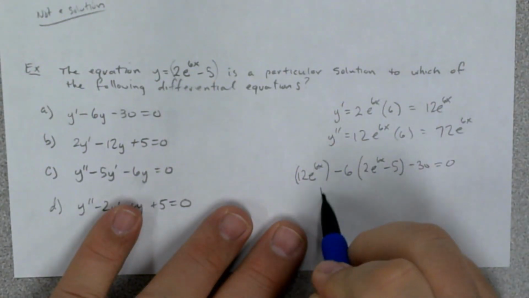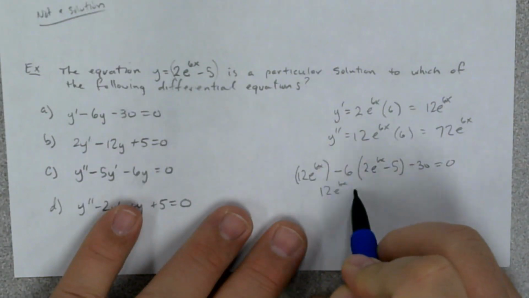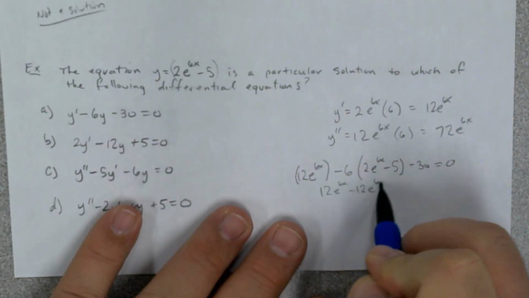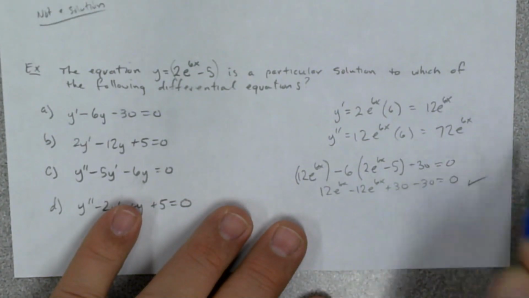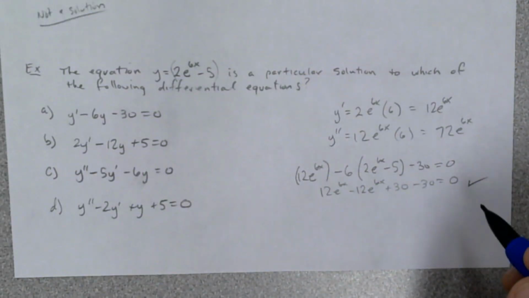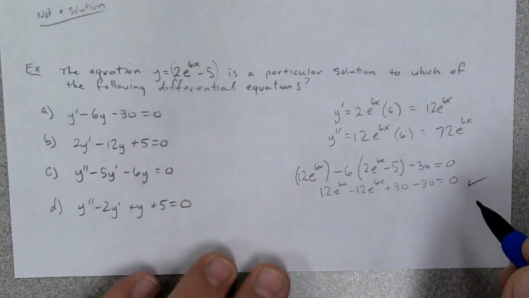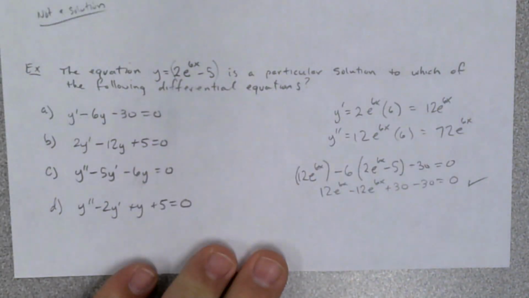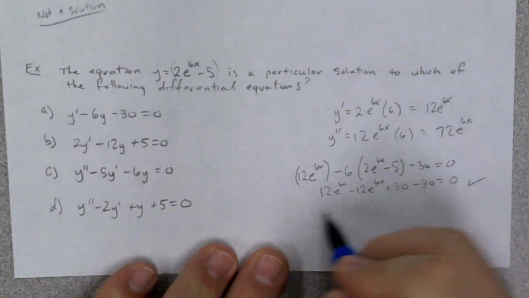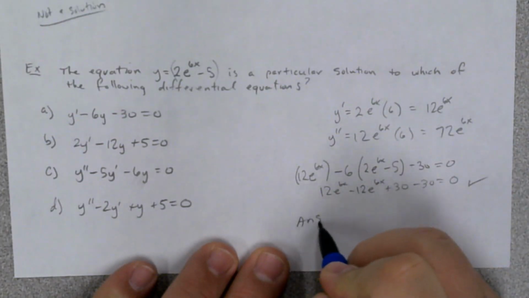If you look closely, you can probably see already that this is indeed the answer. And so we have found the answer, luckily, on the first try. Okay? But if it didn't in the first one, then I go to the second one and I keep on going until I do find the right one. Okay? So our answer here is A.